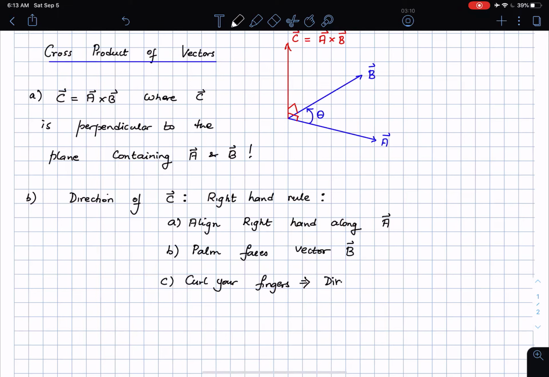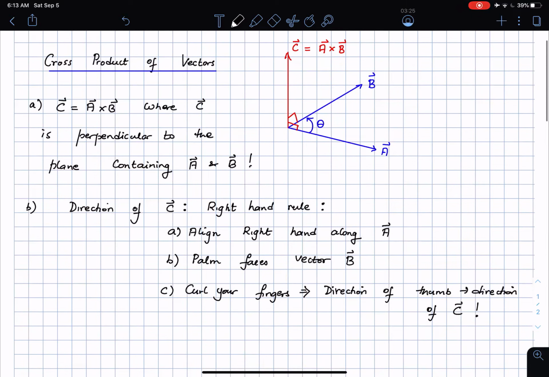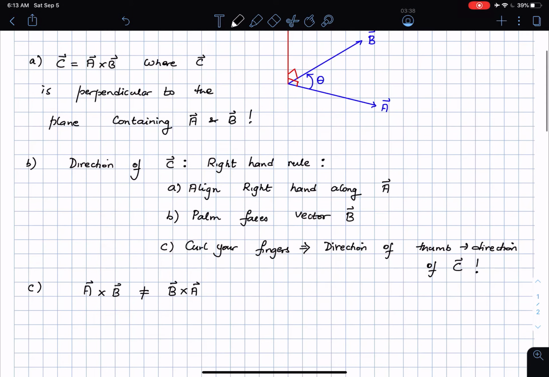This means that A cross B is not the same as B cross A. A cross B is not equal to B cross A, and in fact they are in opposite directions.